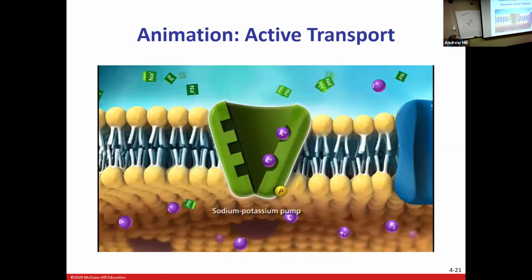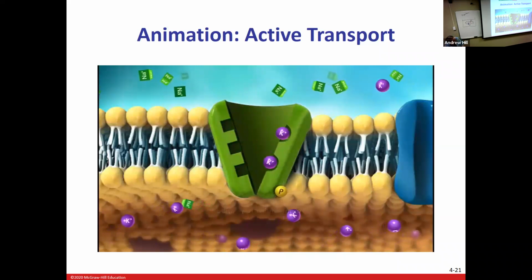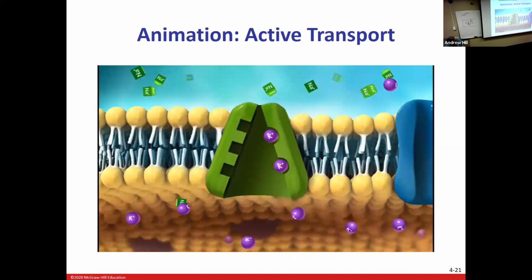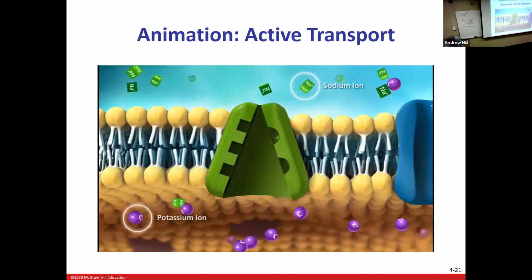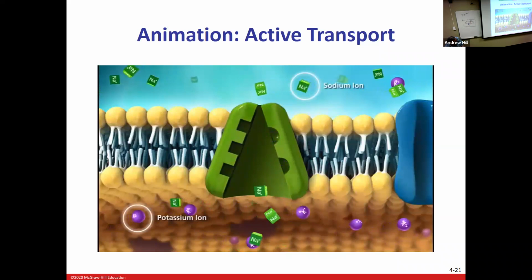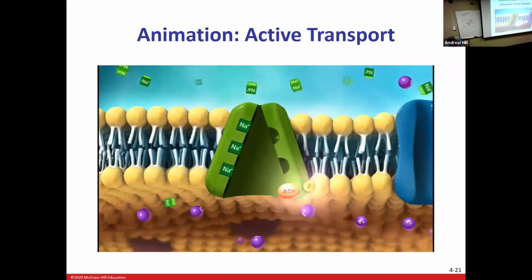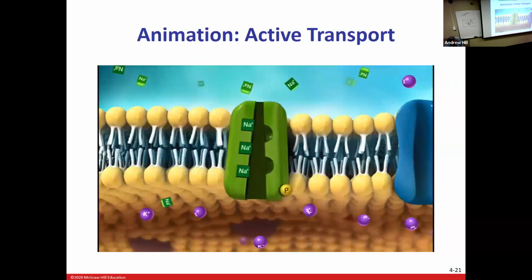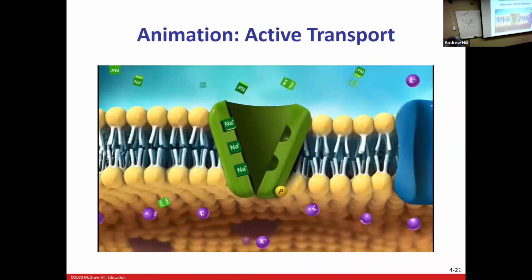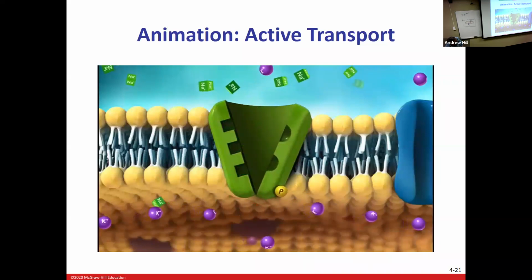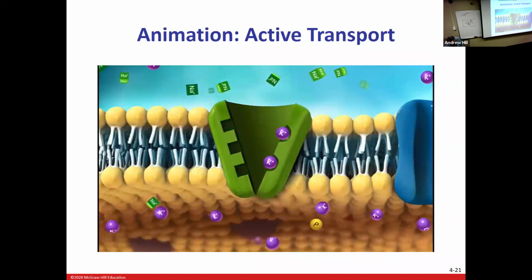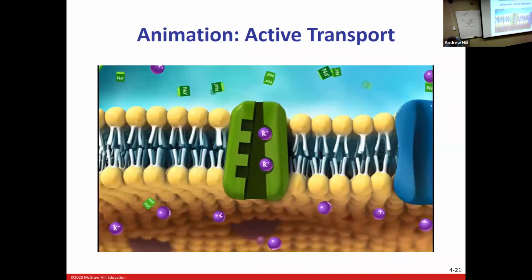The sodium-potassium pump is a specialized membrane protein carrier common in most animal cells that moves sodium and potassium ions across the plasma membrane. ATP fuels the pump in the movement of these ions from low to high concentrations, moving sodium ions outside of the cell where they become concentrated and bringing potassium ions into the cell where their concentration is higher relative to the outside.